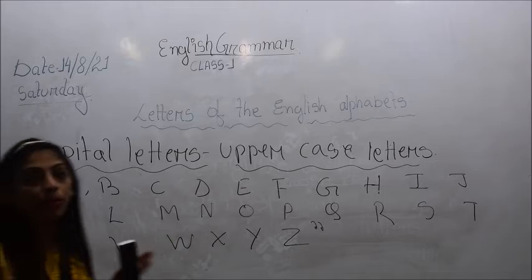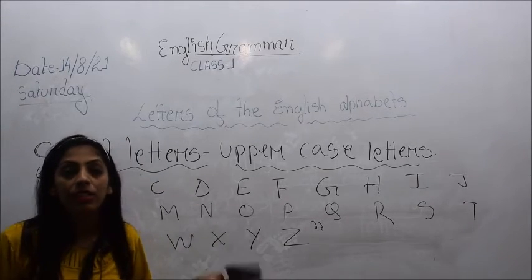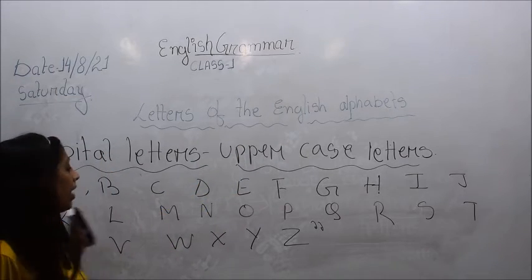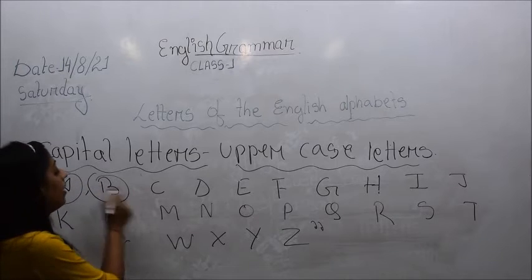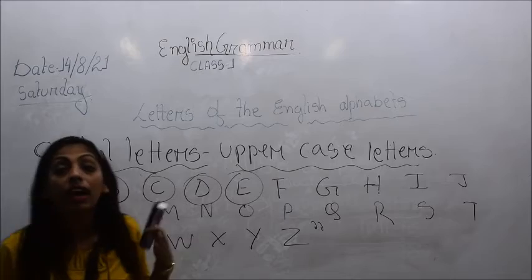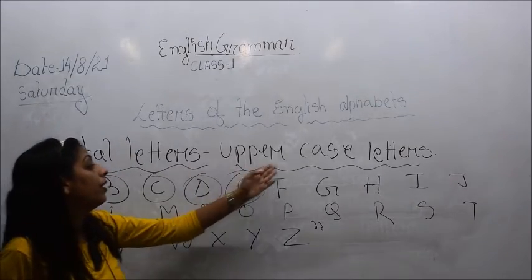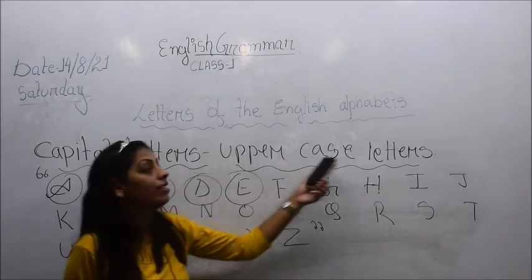I hope all of you might know how to write the capital letters of the English alphabet, isn't it? You know it, right? So this form of letters, when we write in a capital form, is called the capital letters, or the uppercase letters.